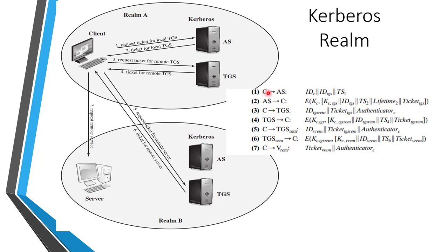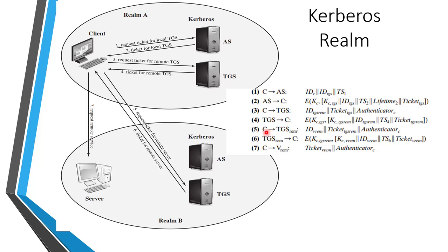So this is the mathematical representation, or the formulas, for the Kerberos Realm, in which first of all, the client is asking the authentication server for the local TGS. Now the authentication server will provide the ticket of the TGS to the client. Now the client will ask the local TGS for the remote TGS ticket, and then the local TGS will provide the ticket of the remote TGS to the client.